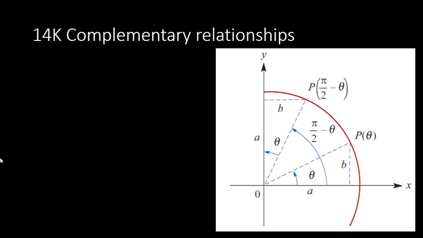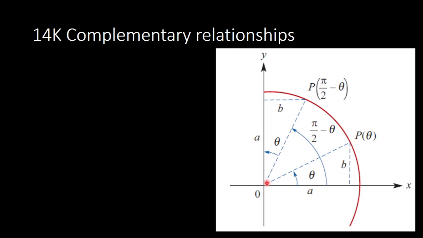For the first part, complementary angles, we usually have our unit circle. In the first quadrant, we have point P that makes an angle theta with the x-axis. Its coordinates are on the side. Remember, it's a unit circle, so the hypotenuse is 1. The coordinates are A and B for a right angle triangle, which in terms of theta will be cos theta and sine theta.